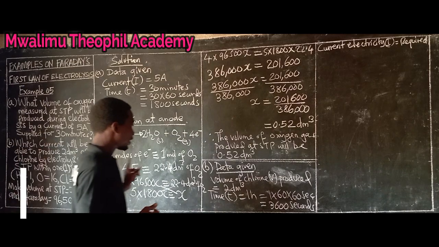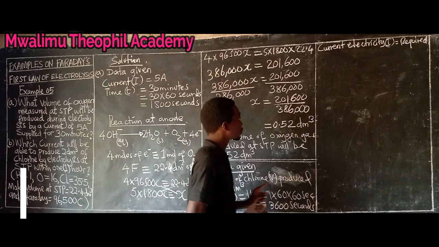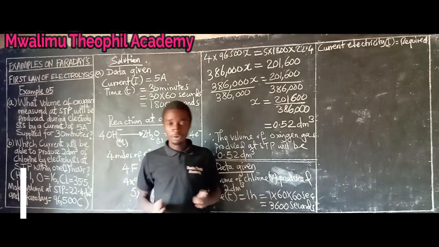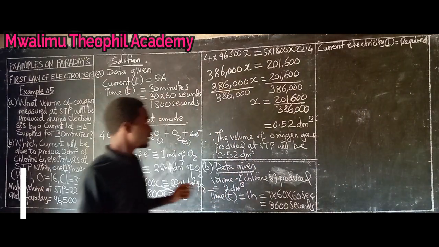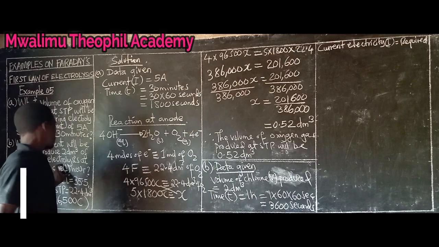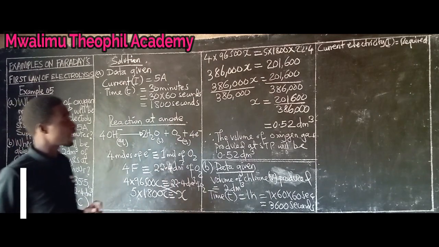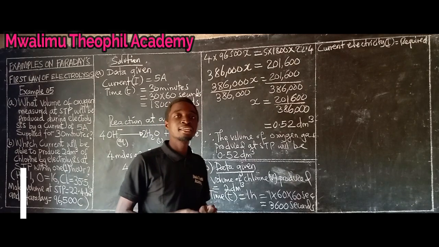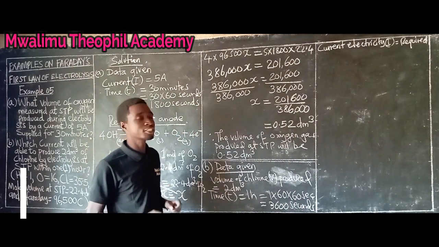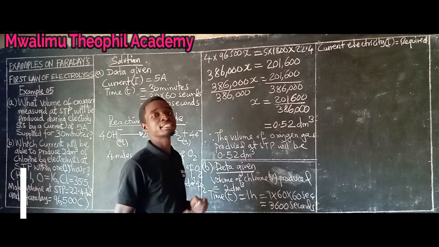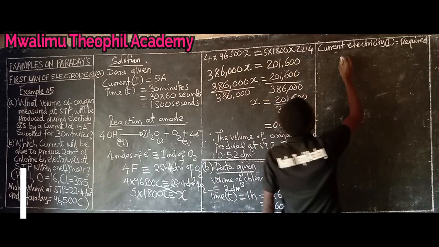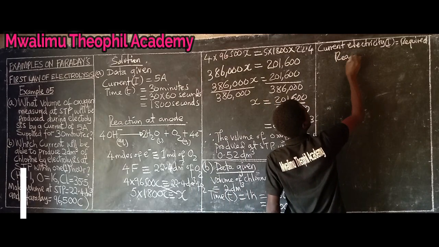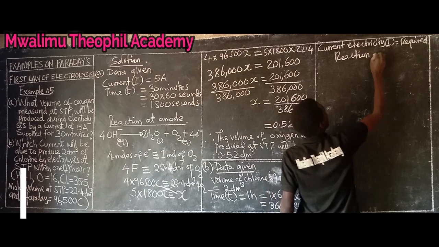Here, the same, we are going to use a balanced chemical equation. It is the electrolysis of chloride ion to produce chlorine gas, which means it is an oxidation reaction which takes place at the anode. So here let us see the reaction at the anode.